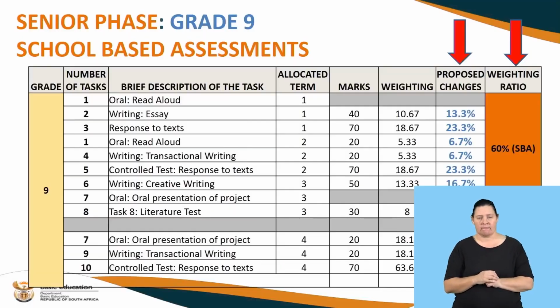Then just in terms of the weightings for intermediate phase, school-based assessment carries a weighting of 80% and control test is weighted at 20%, and then in the case of the senior phase, school-based assessment is weighted at 60% and exams, full-scale exams in the case of senior phase is weighted at 40%.